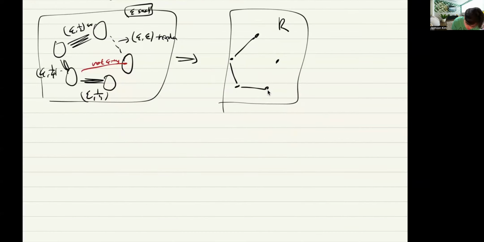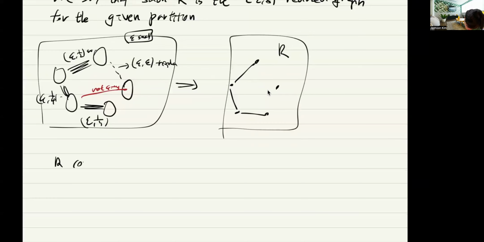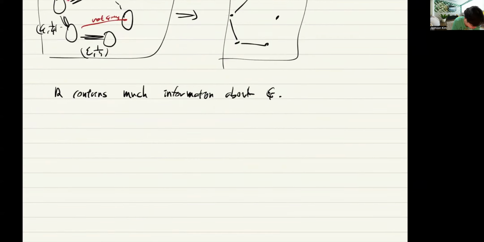Okay, so this R contains much information about our original graph G. And for example, we can prove the following proposition.